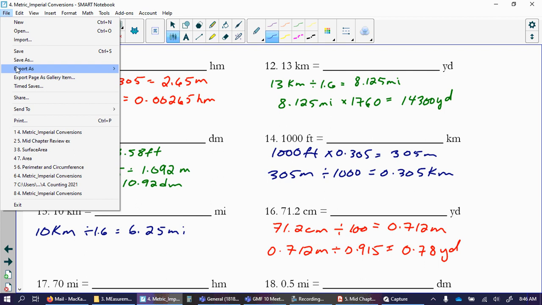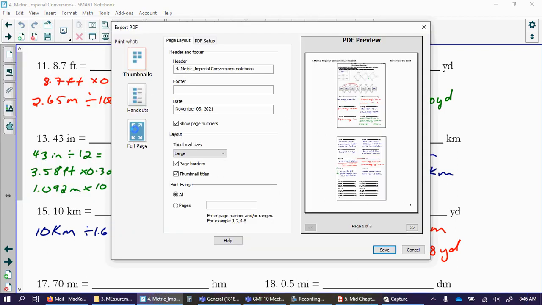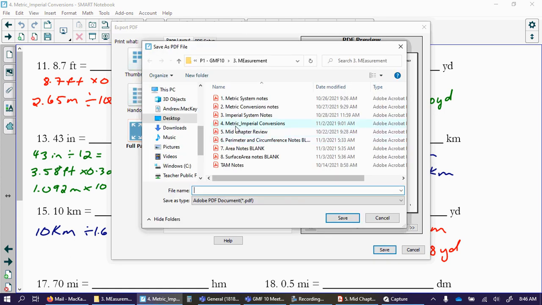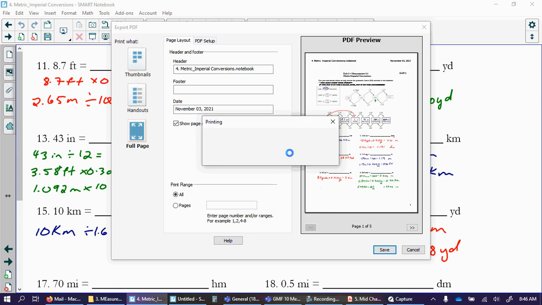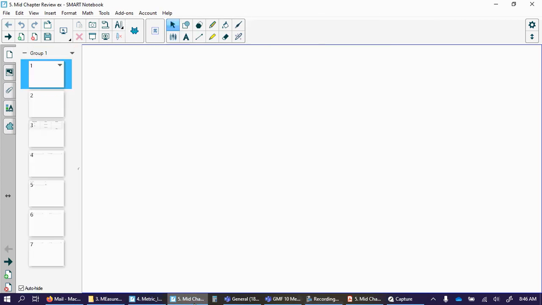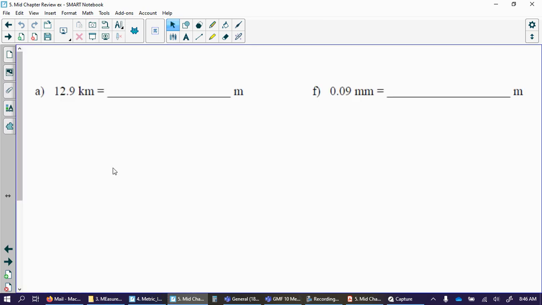Wow, that one's loading. Let's export this as a PDF. Yes, I want to overwrite that. All right. Well, I lost that bit. I'm not going to try to cut that thing in there again because it decided it didn't like it.